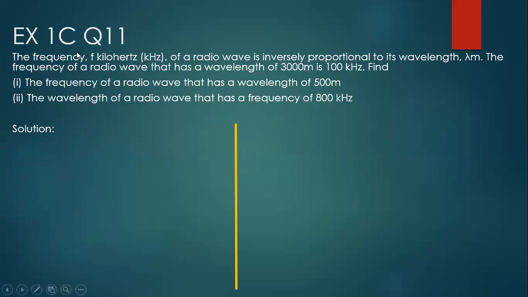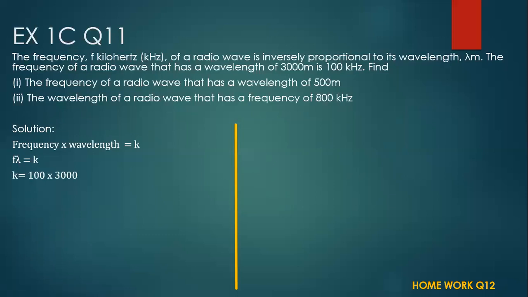Now, we know that frequency is inversely proportional to wavelength. Okay, so frequency multiplied by wavelength is equal to K. So frequency is F, wavelength is lambda, F times lambda is equal to K. So let's replace the value of F and lambda.